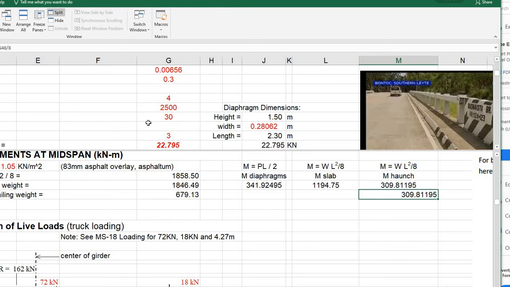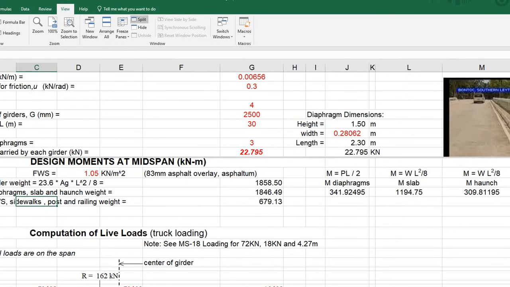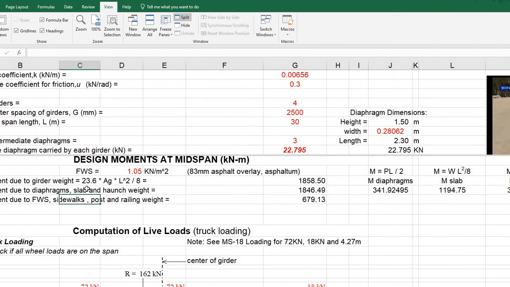So, yan yung procedure. Paano nakuha yan? 309. Next, etong moment due to diaphragm, slab, and haunch weight, that is simply the sum of the three.